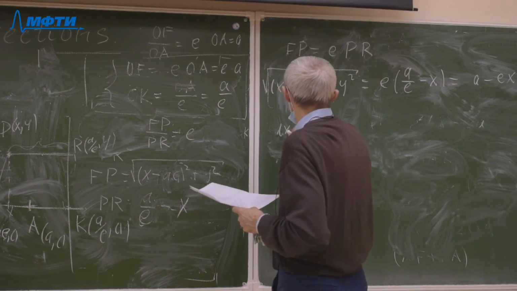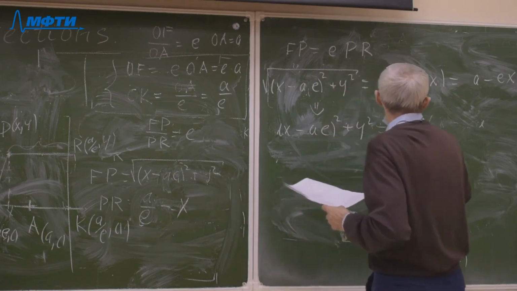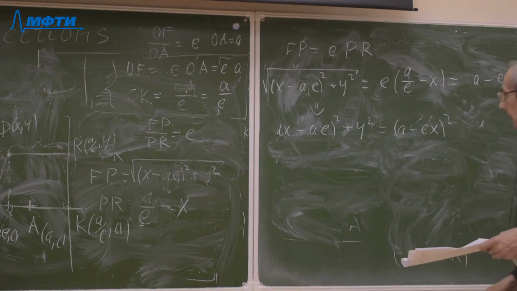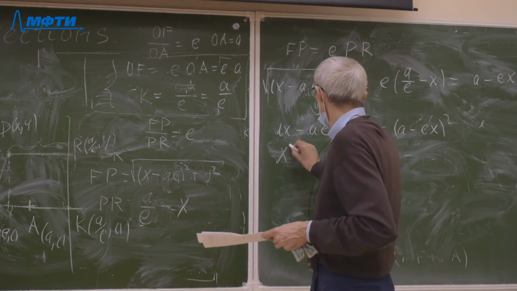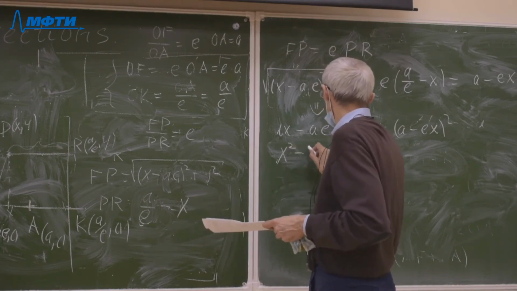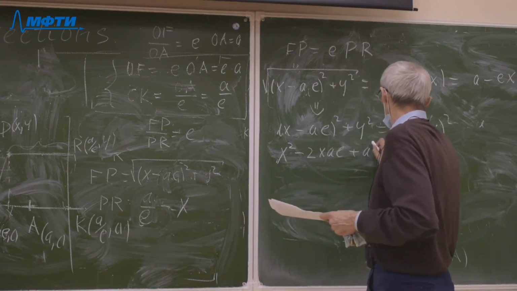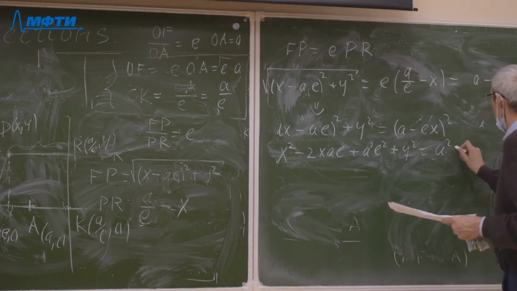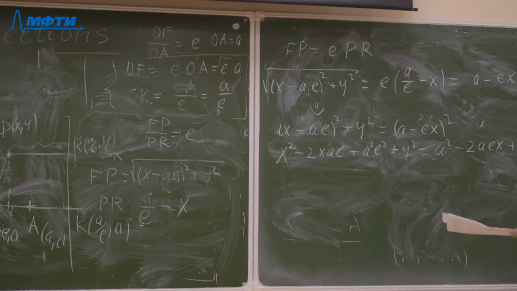And we obtain that (x minus eA) square plus y square is equal to (a minus ex) square. And after easy simplification, we obtain the equality x square minus 2xAe plus a square e square plus y square is equal to a square minus 2aex plus e square x square.